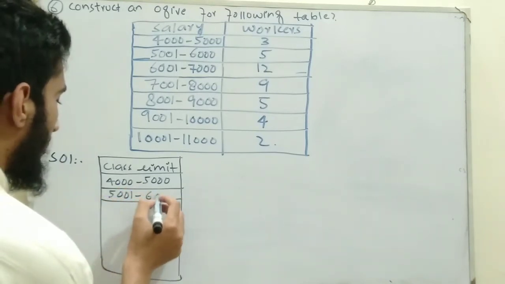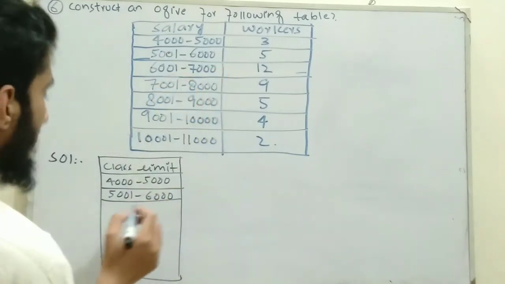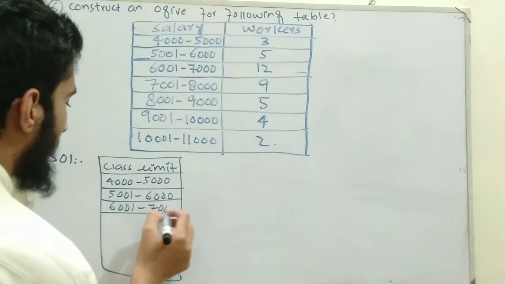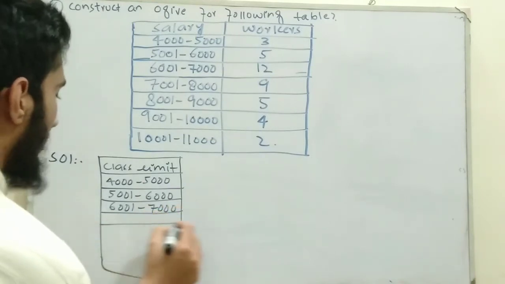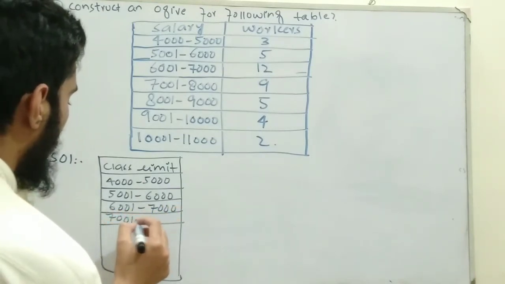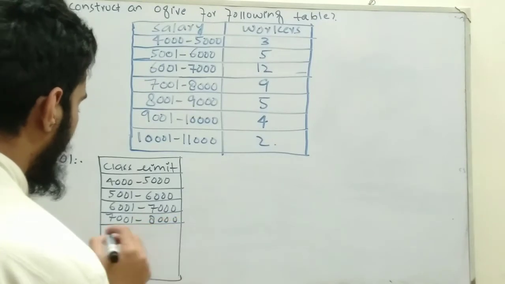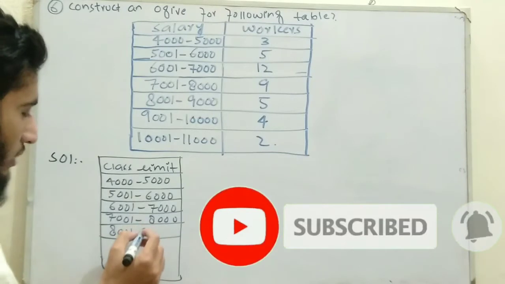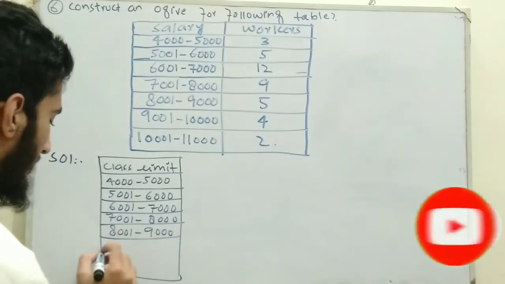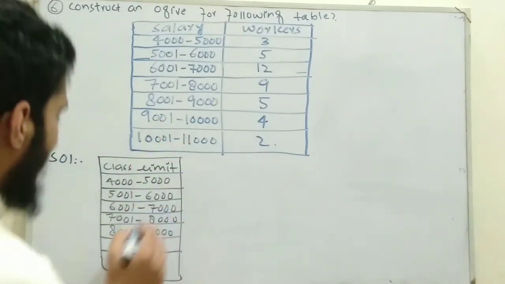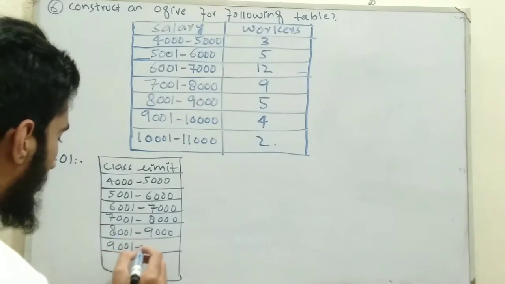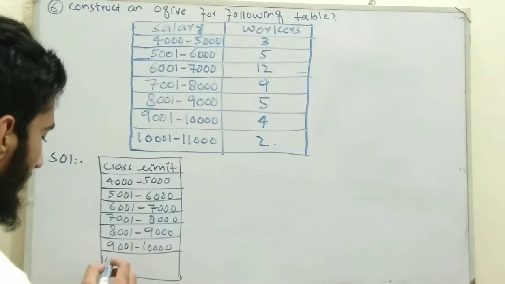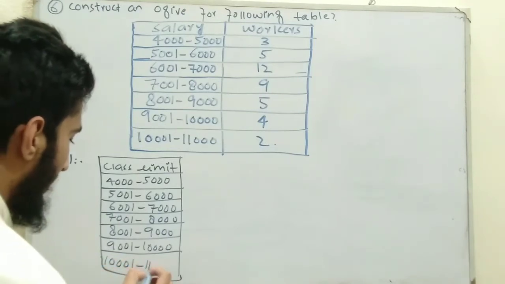The third one is 6,001 to 7,000, the fourth one is 7,001 to 8,000, the fifth one is 8,001 to 9,000, then 9,001 to 10,000, and the last, sixth one is 10,001 to 11,000.